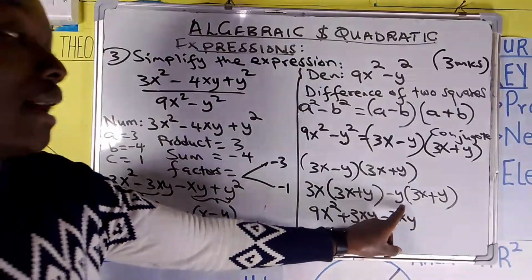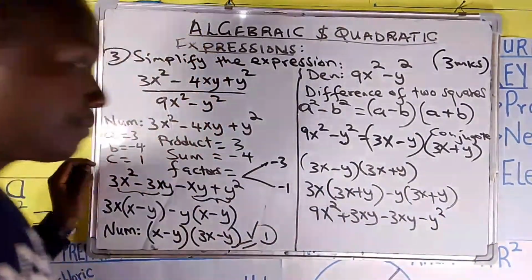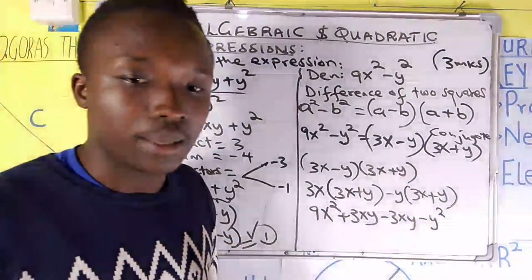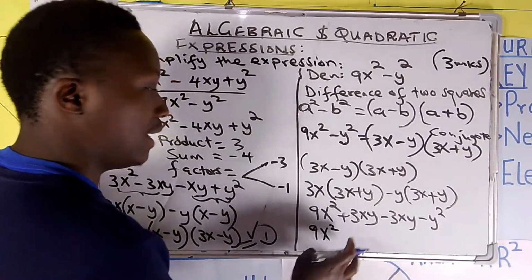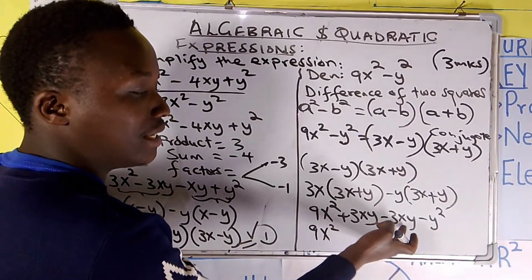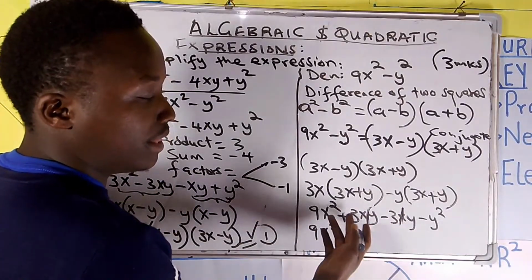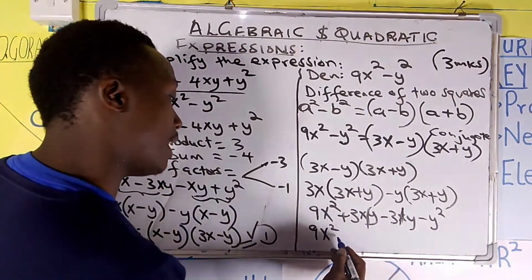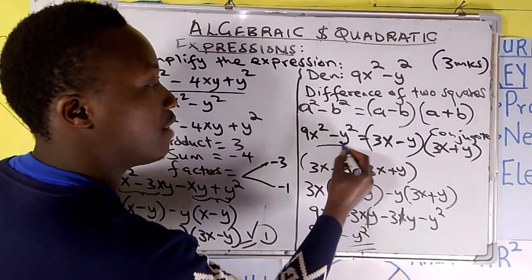Then minus y times y will be equal to minus y squared. If we put the like terms together, we will get 9x squared, 3xy minus 3xy. That will cancel each other because it will become 0. 3xy minus 3xy is 0. So we have 9x squared minus y squared. This is the same we have here.